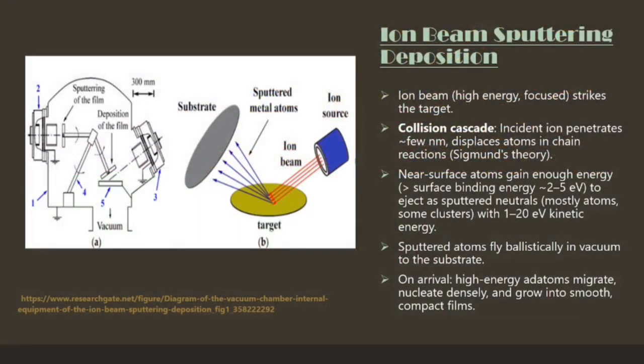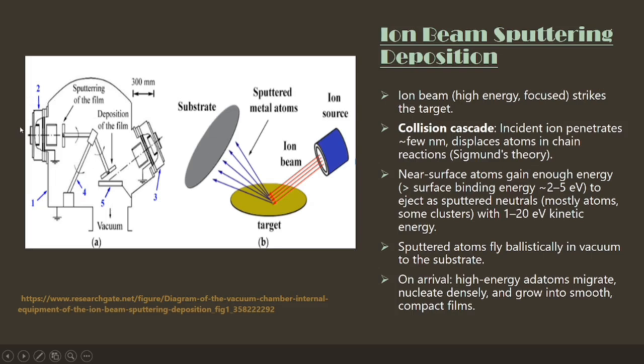Okay. First, we will learn about ion beam sputtering deposition. Here, a stream of charged particles, usually positively charged argon ions or other ions, is generated in an ion source like a Kaufman ion gun. You can see it here.